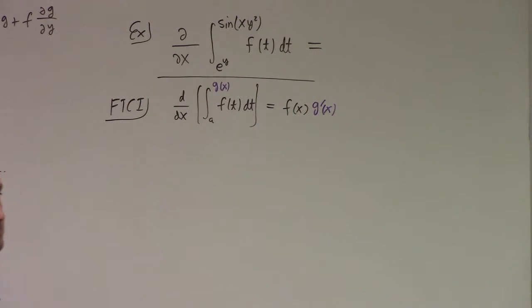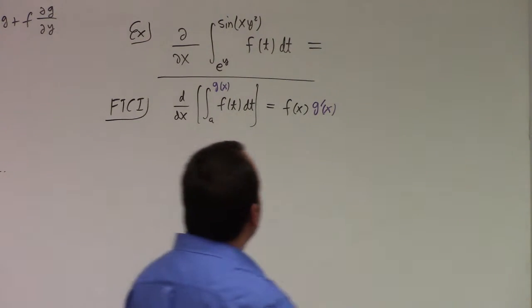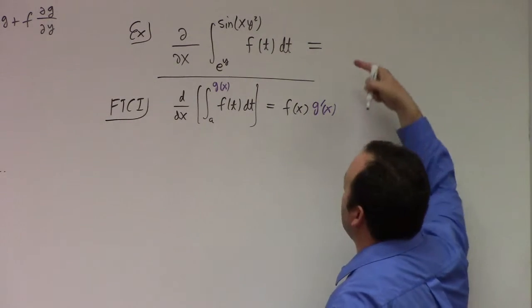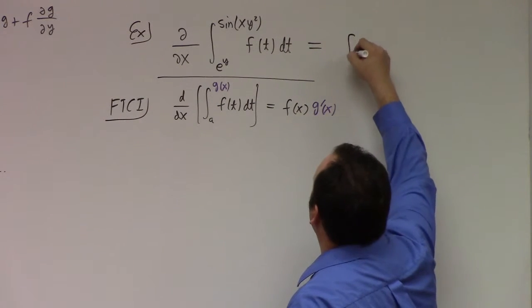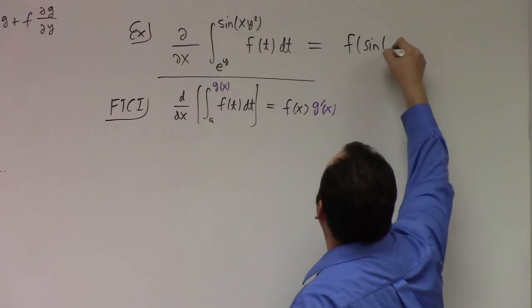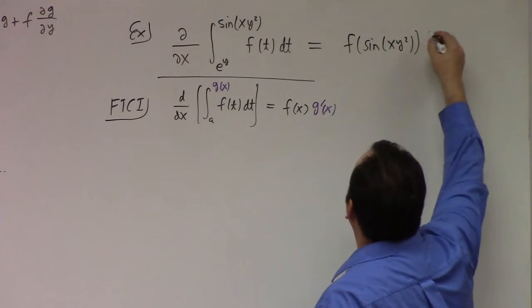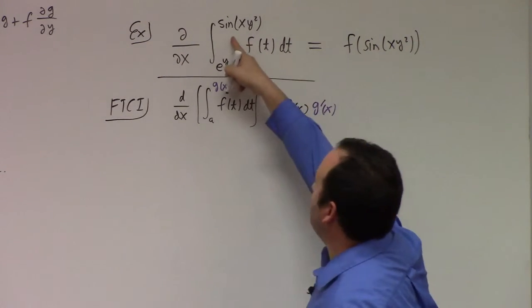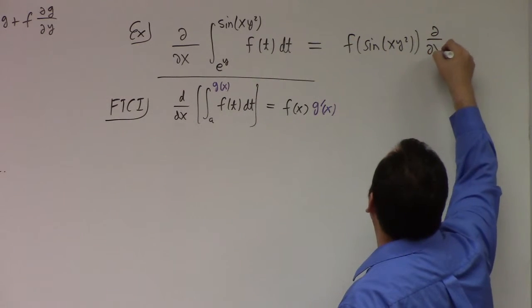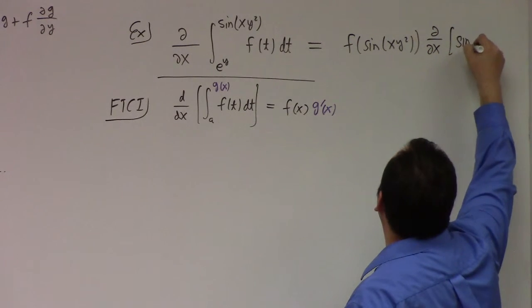That's how it goes. So with that in mind, this derivative is f of the sine of xy squared, and then I have to multiply by the derivative with respect to x of sine of xy squared.